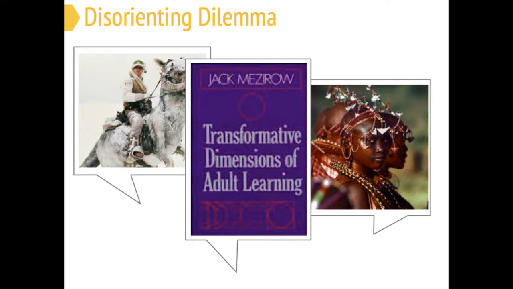In Transformative Dimensions of Adult Learning, a book that influenced me greatly, Jack Mezirow talks about how transformative learning is a result of a disorienting dilemma. And this is defined as an experience or a set of experiences that somehow challenges prior assumptions and beliefs so deeply that not only perceptions of facts change, but an entire worldview changes.